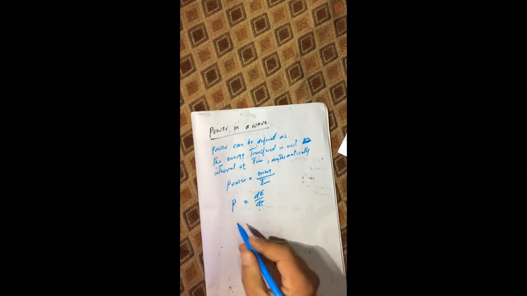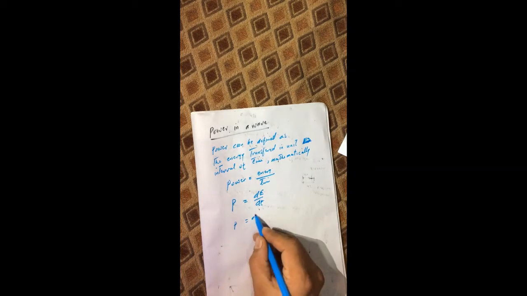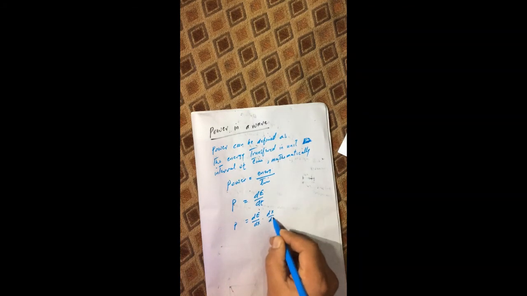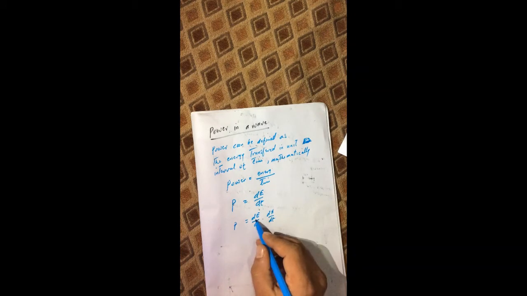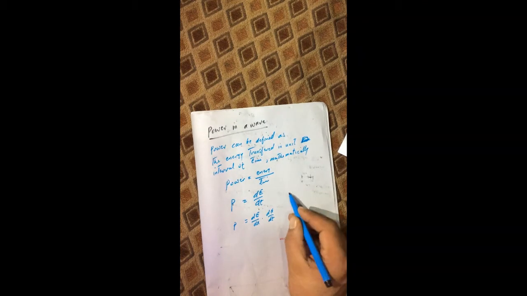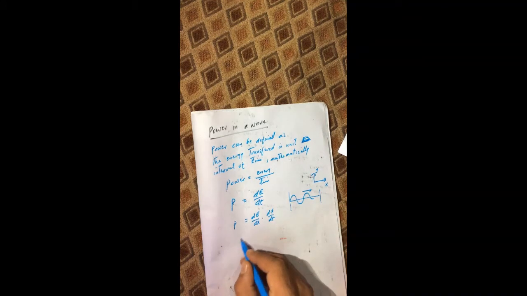We can also write this equation as dE over dx times dx over dt, because the dx cancel with each other, so we are left with dE over dt. Now since the wave is traveling in the x direction, if this is a wave in a string and this is my x axis and this is the y axis, this dx over dt is the velocity of the wave.